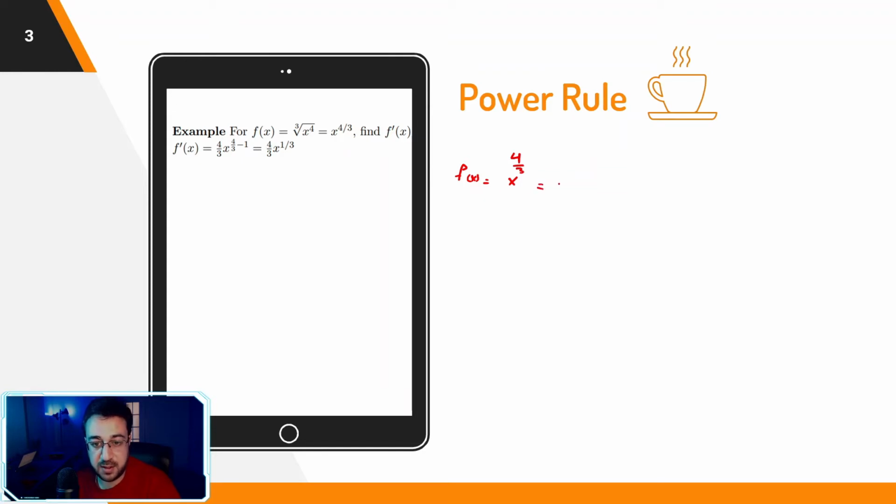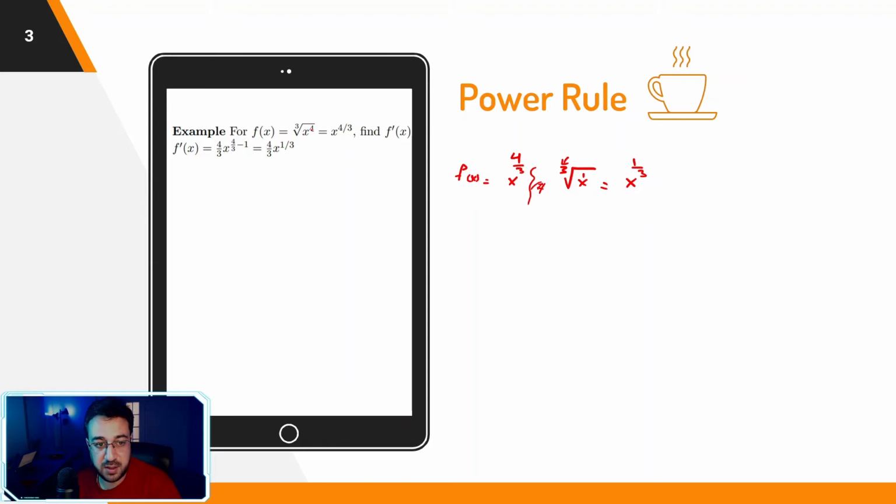We know that the cubic root of x can be written as x to the power of 1 over 3. The power of what's inside the root, over the root degree. So 1 over 3. Now in this case, we have x to the power of 4 and we have the root of 3, or the cubic root in this case.